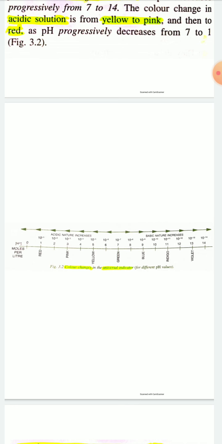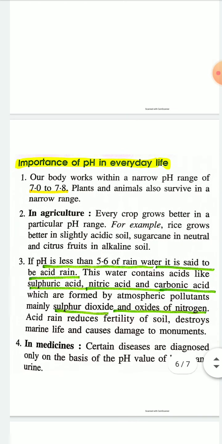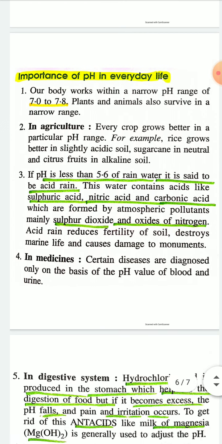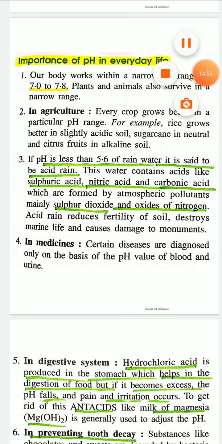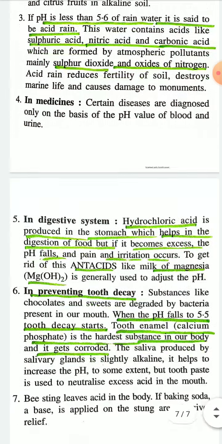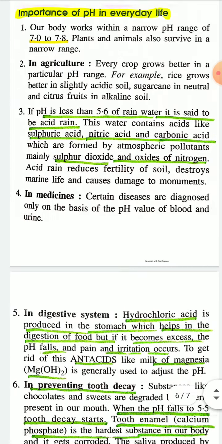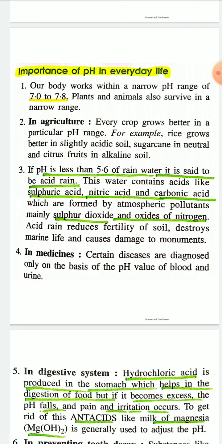Now importance of pH in everyday life. There are many importance of pH in our daily life, in digestion of food, in agriculture, in medicine. So let's see the importance of pH in everyday life.